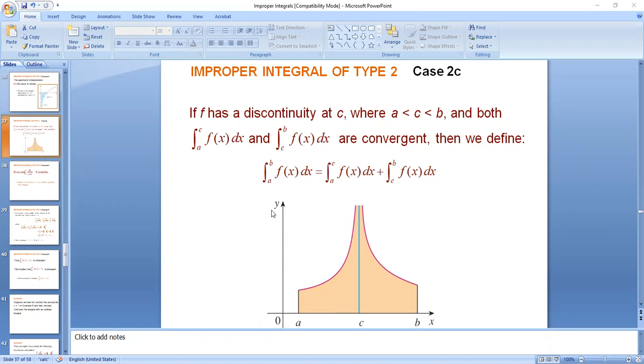So this is improper integral of type 2 case C. Now what is this?